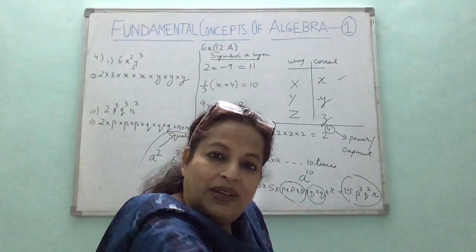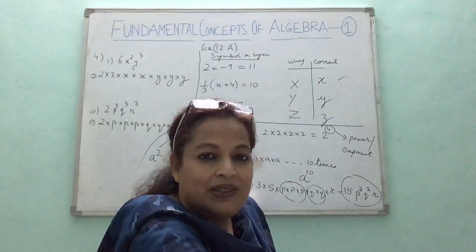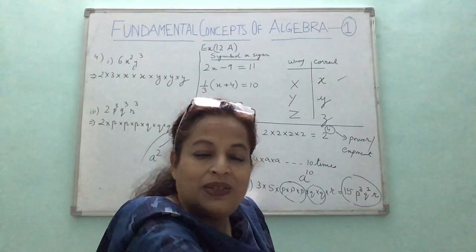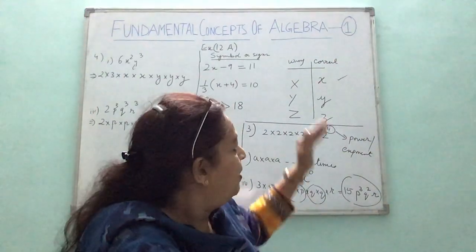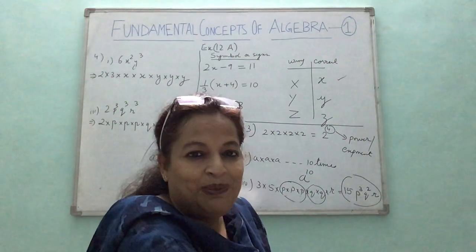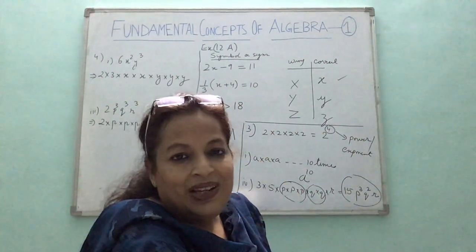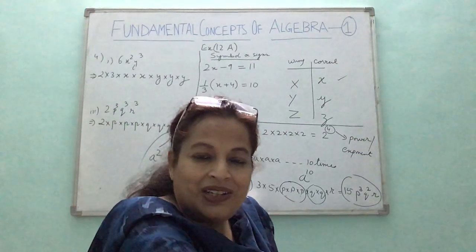Because this is just the beginning, children. So do follow what I am telling you, because otherwise unnecessary mistakes or errors would be there. If it is your habit, then you will not be confused whether it is multiplication or x, whether it is 2 or z. You will not have that difficulty.